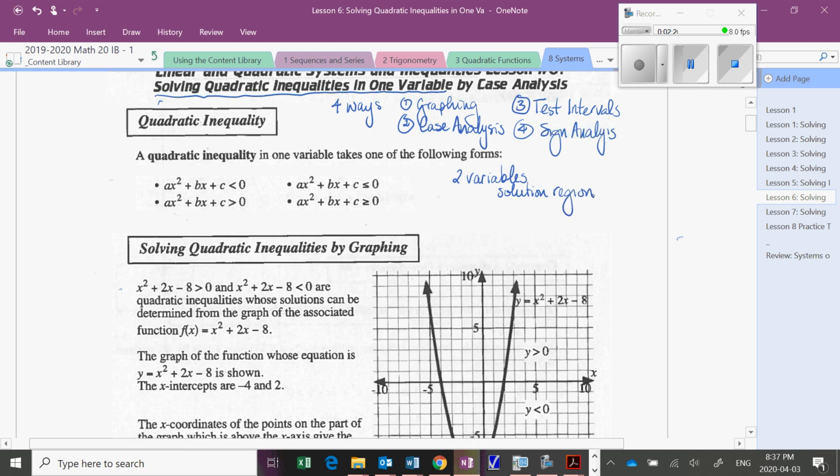It's essentially a shaded region that represents multiple possible ordered pairs that satisfy that inequality, and your quadratic or your line will divide your coordinate plane into 2 regions, one of which of course is your solution region. When we're talking about an inequality in one variable, the solution is actually on a number line. So in this particular case, it's along our x-axis.